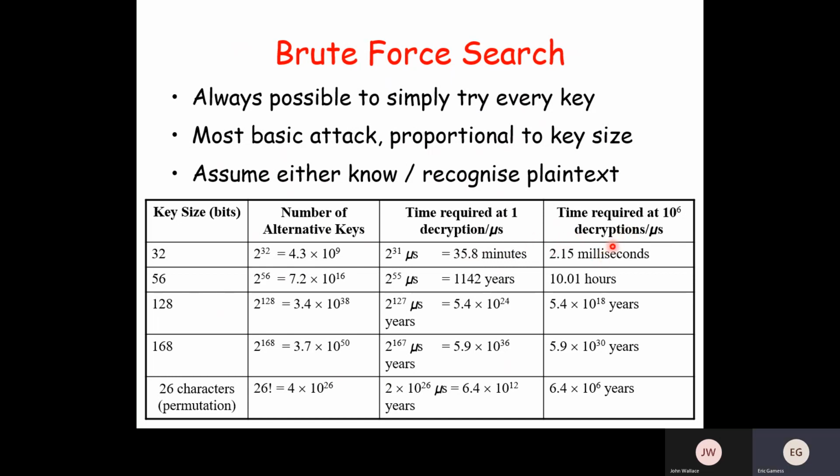And this computer can try 1 million keys per microsecond. If you use this key, it will take the government or the criminal organization 2.15 seconds to break the ciphertext.